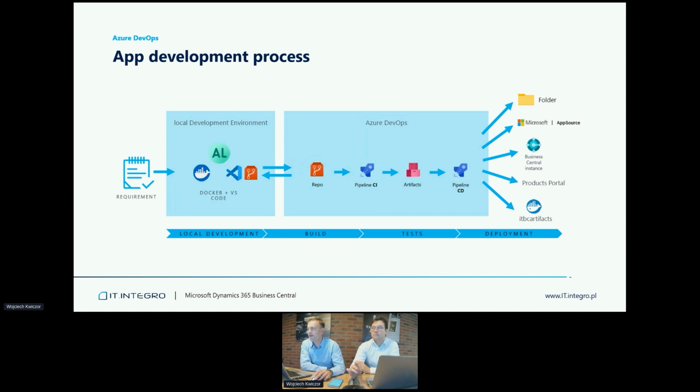We can also prepare some predefined Docker images, so we can publish dedicated images for our partners so that they have whole Docker environments with Business Central and with the latest version of the app, so that they can again extend our application, because it is also possible that other partners can slightly change our app.